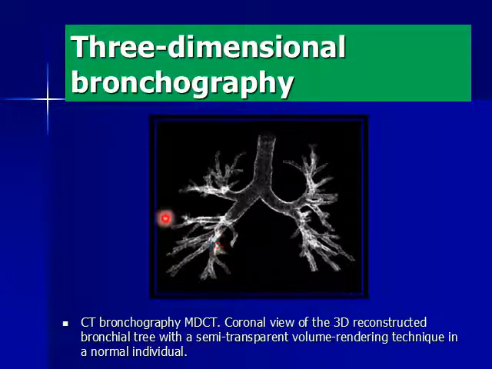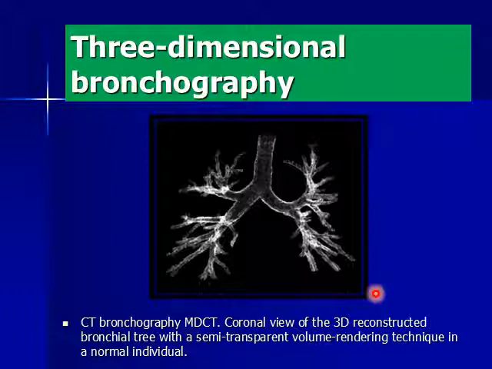Another type of reconstruction is called three-dimensional bronchography. It is used to show the tracheobronchial tree like this. Their wall is bright and the lumen is black, omitting other things. This examination replaced an old examination we used to do 30 to 40 years ago, which is called contrast bronchography.